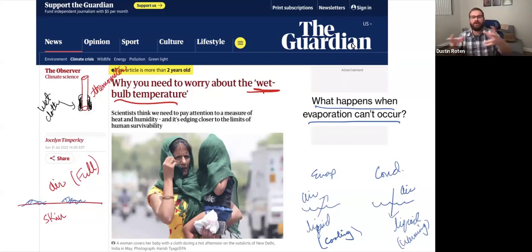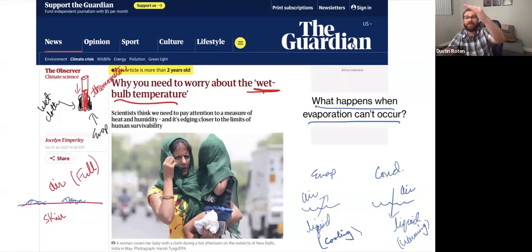Okay, so essentially what's going on is you get evaporation in this cloth, and you can imagine that the temperature in the thermometer is going to go down, compared to if you just hold the thermometer out there and take the temperature. You wrap this cloth around it, you wet it.